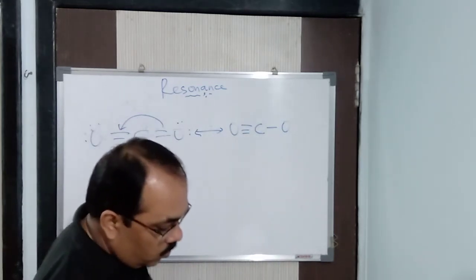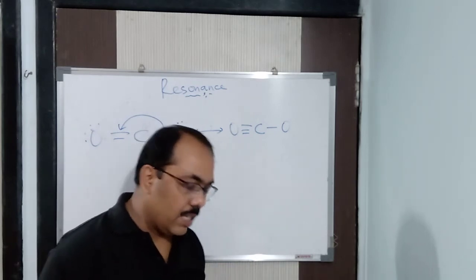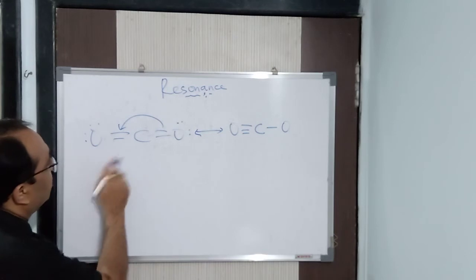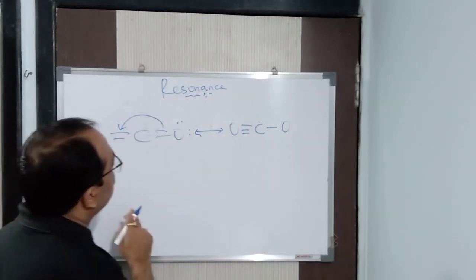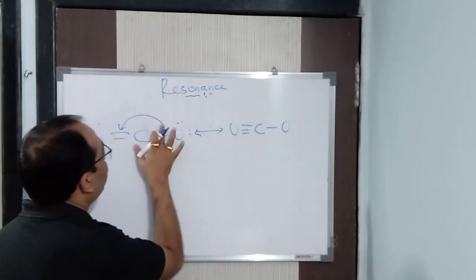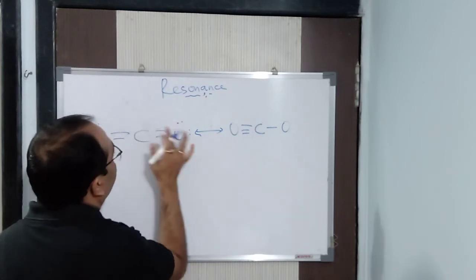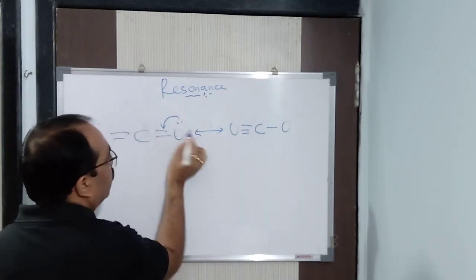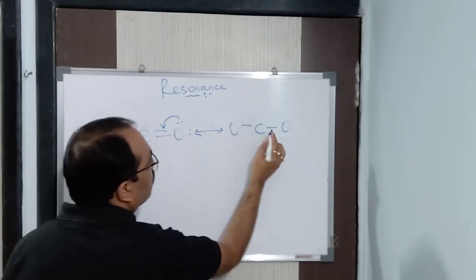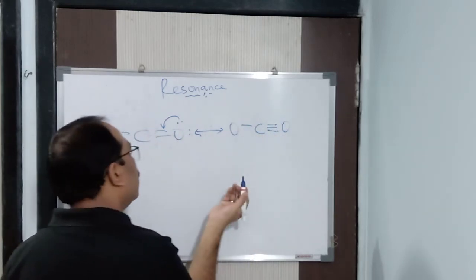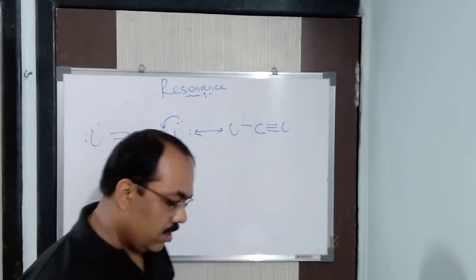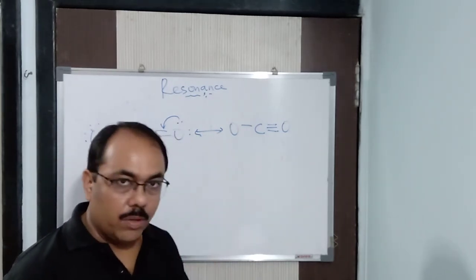You can also do it the other way: if you don't understand, you make this one triple. That can also be said. This one you make triple, so that is nothing but a triple bond.